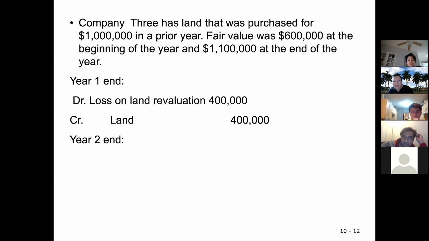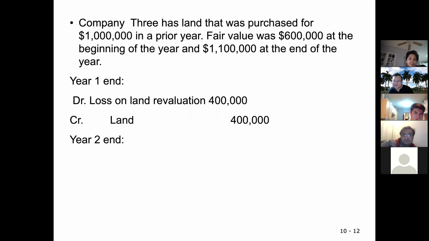And then at the end of year 2, the value is 1.1 million. What's your journal entry for this one? You debit land for 500,000, and credit gain on land revaluation for 500,000. Okay, interesting. Anyone else?